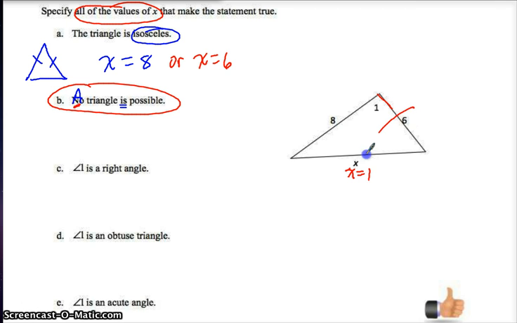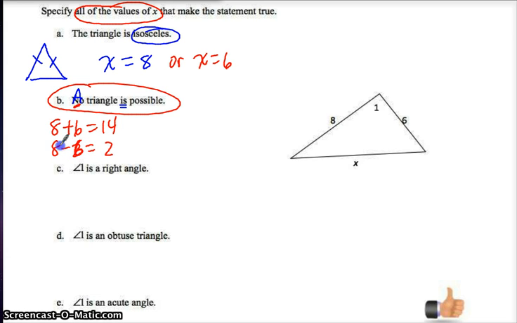No, it can't, because we found out the sum of the two sides of a triangle has to be greater than the third side. Is 1 plus 6 greater than that? No. So what do we do to figure out how to make a triangle exist given two lengths of a triangle? Well, we did the sum of those two things, and we did the difference of those two things.